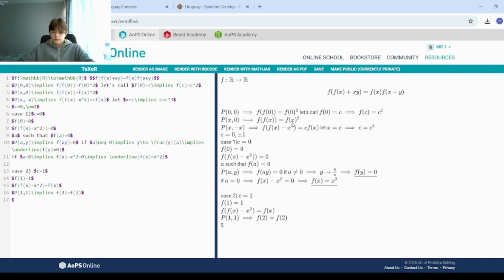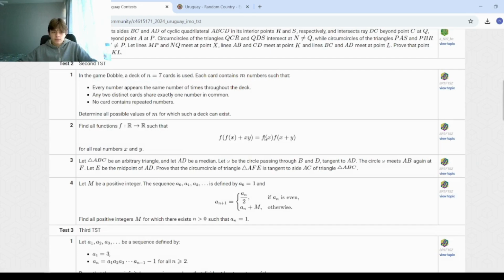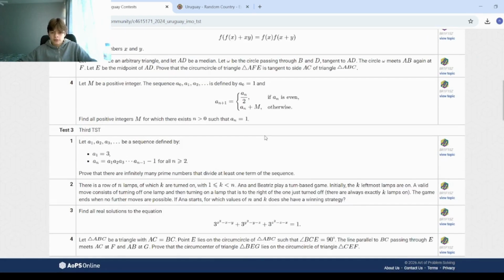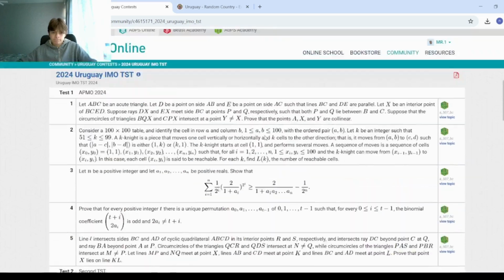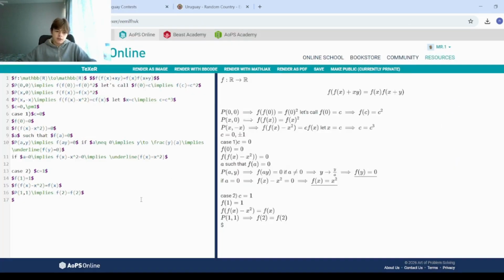They are both equal. Okay, Uruguay. Which problem is this? This is problem 2. Okay, this shouldn't be really hard, but okay.